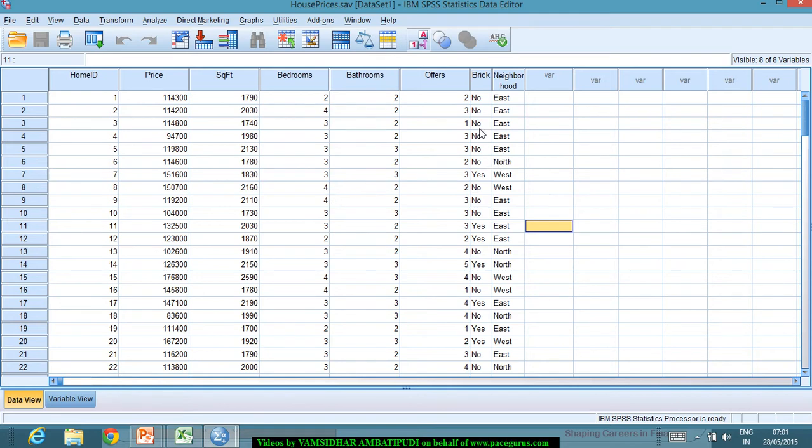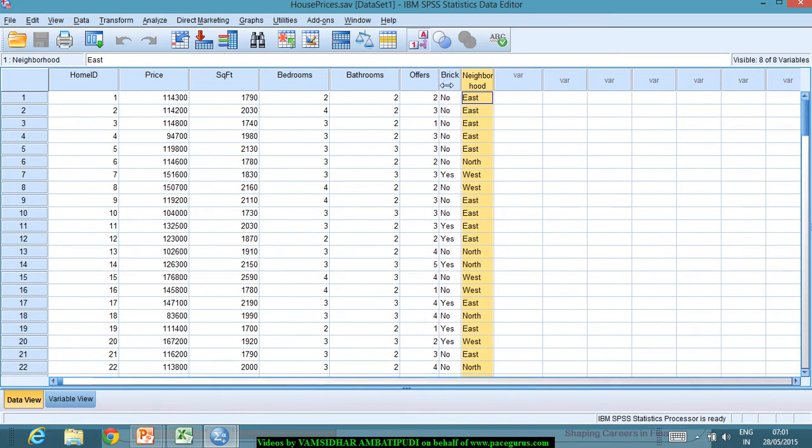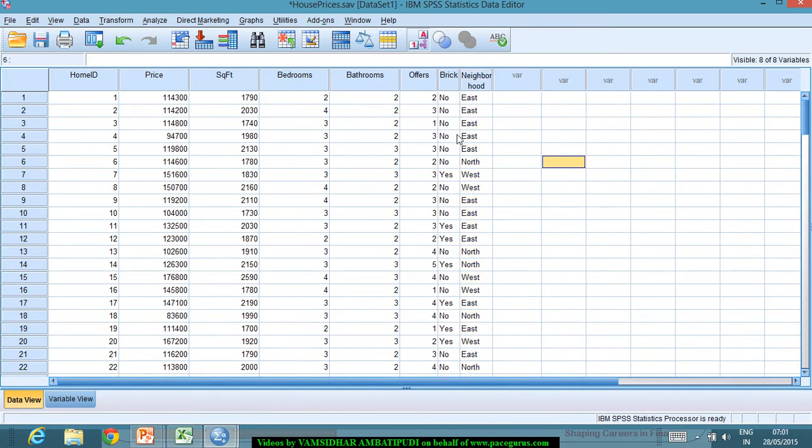But here, the brick and the neighborhood values are given in the form of text. In some cases it would be more appropriate if they are captured in the form of numbers, so that we can use them at a later point in time.